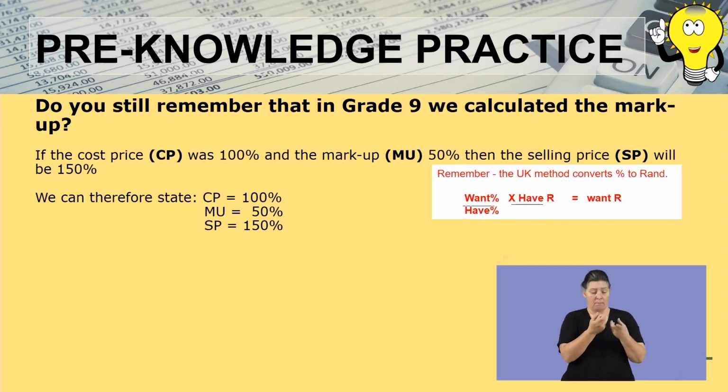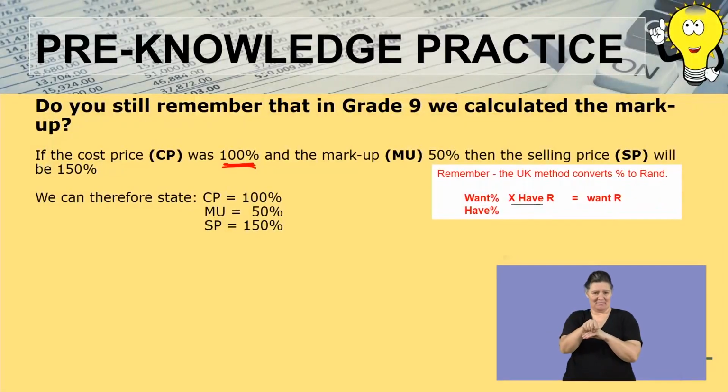If the cost price is 100%, the cost price must always be 100%. But the markup will depend on what you are given per particular question. And then the selling price, therefore, will depend on the markup when you add it to your cost price.